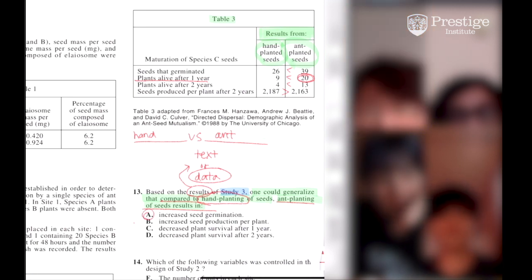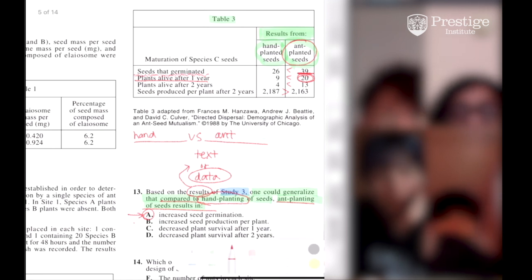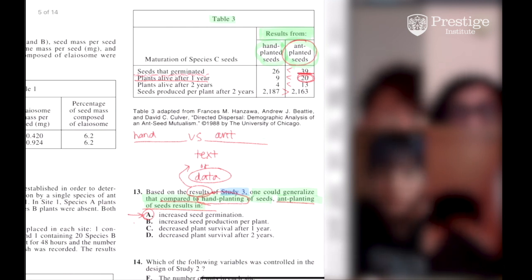Because we know that for seeds that germinated, ant planted seeds did have increased seed germination because we know that 39 is greater than 26. So we then can say A is the final choice. Okay? So make sure you guys assess all the answer choices carefully and look at the values and how the values differ. Kind of weird that everyone chose C as the first choice. All right.